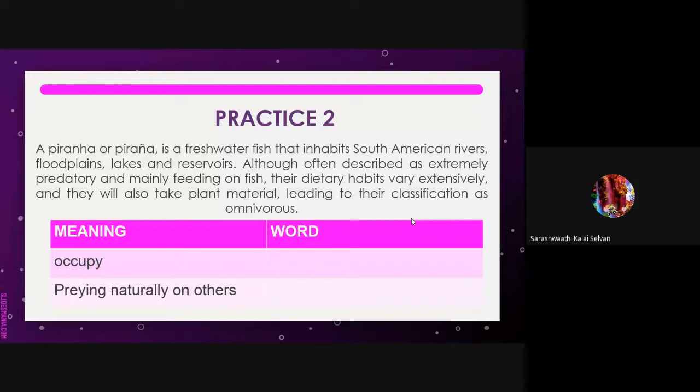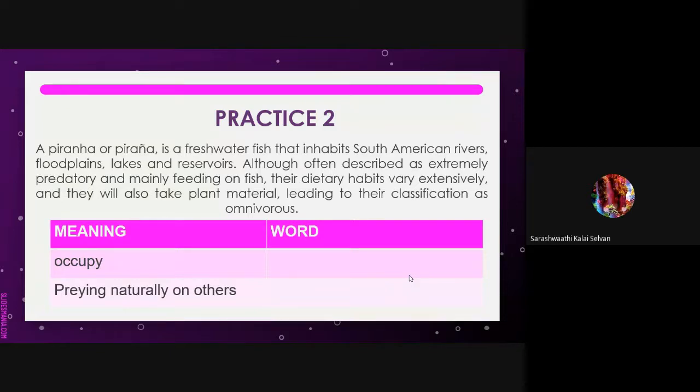Piranha or piranha is a freshwater fish that inhabits South American rivers, floodplains, lakes, and reservoirs.